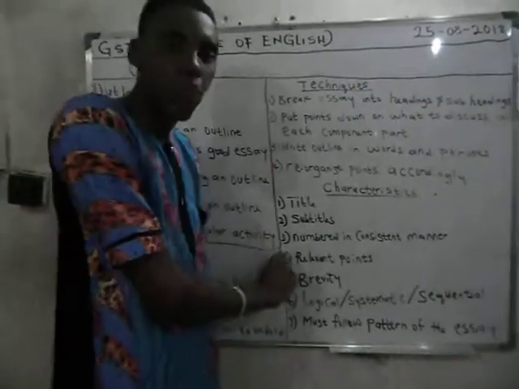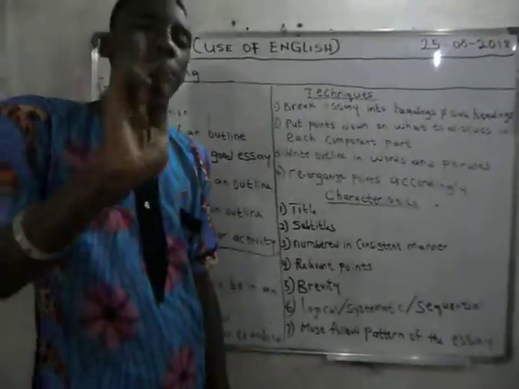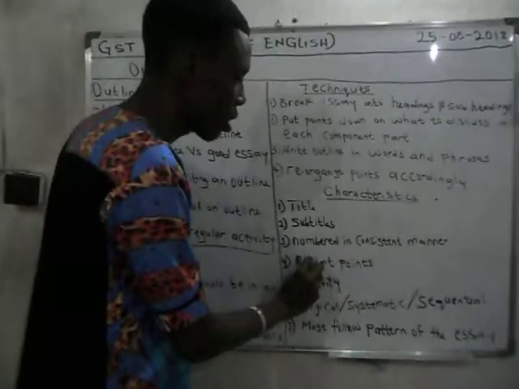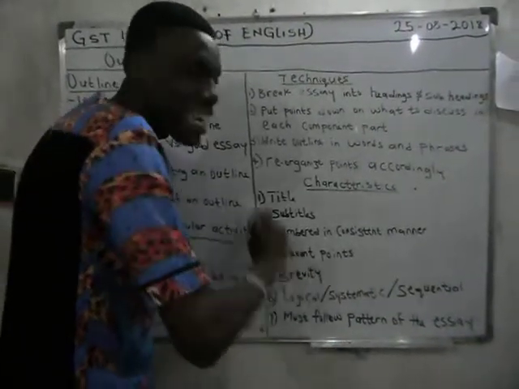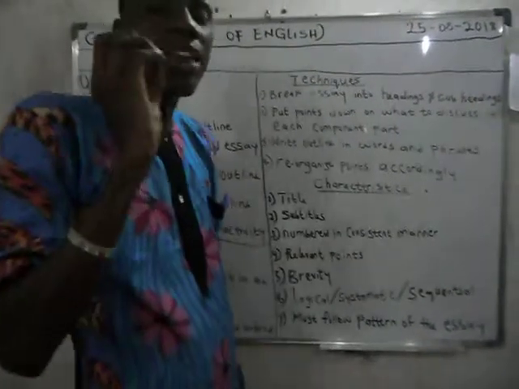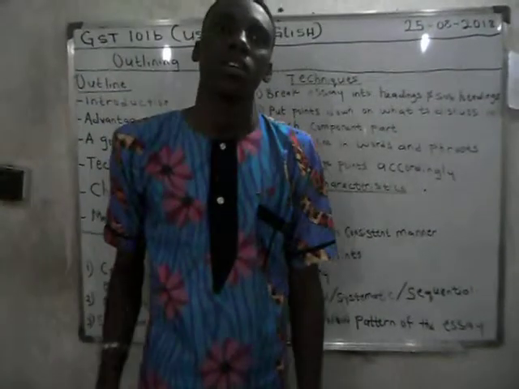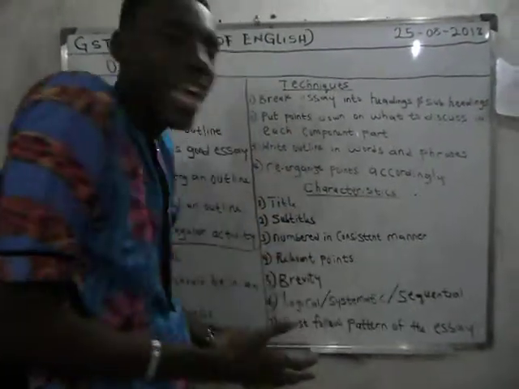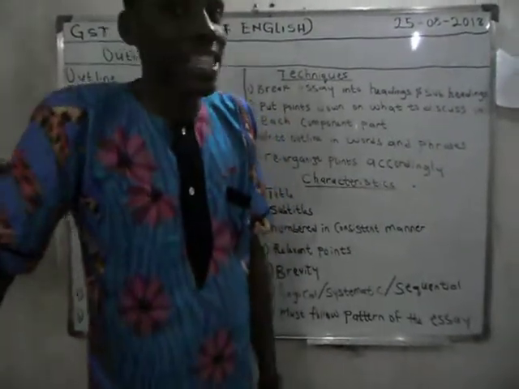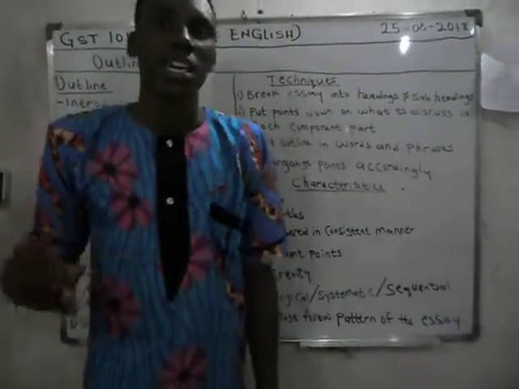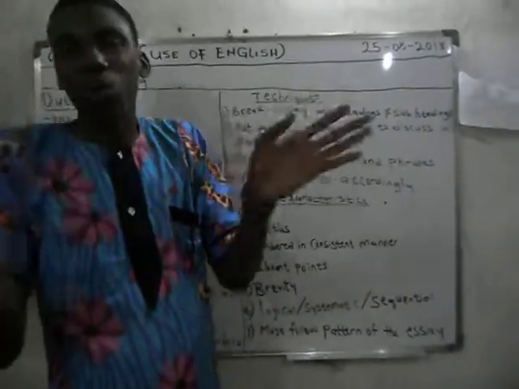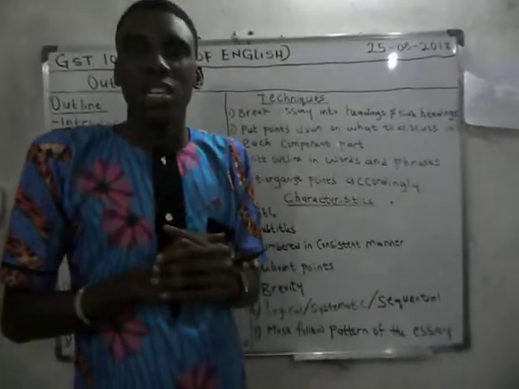Now, the fourth characteristic, and this is very important about the outline, is that an outline possesses relevant points. When they say relevant, important points. That means with an outline, you know what is not supposed to be in the essay and what is supposed to be there. An outline does not pick out something that is not necessary.